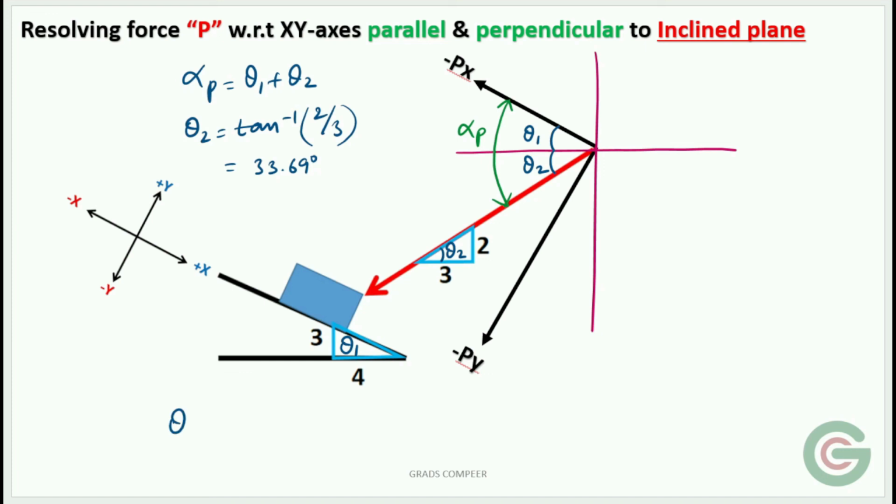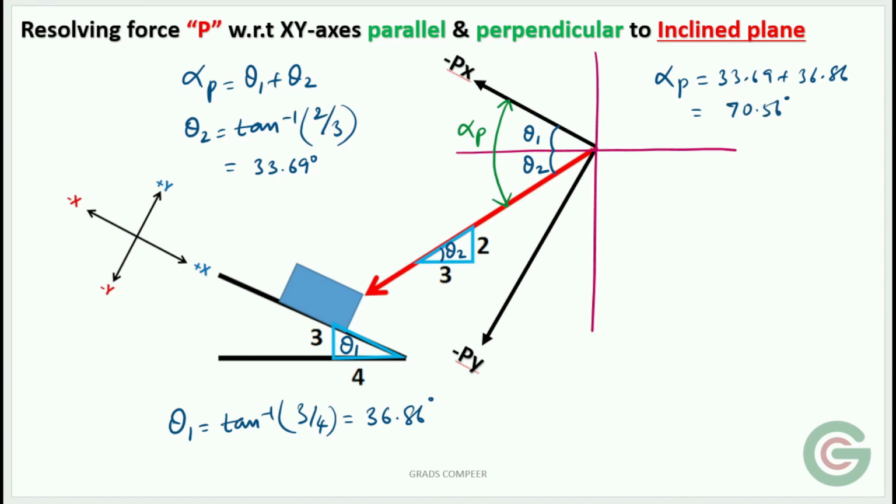Therefore, theta 1 is equal to tan inverse 3 by 4, which you will get as 36.86 degrees. So what is the total value of alpha P here? Alpha P is equal to theta 1 plus theta 2. So 33.69 plus 36.86. Total you will get 70.56 degrees.